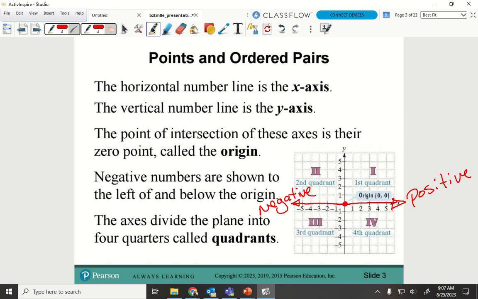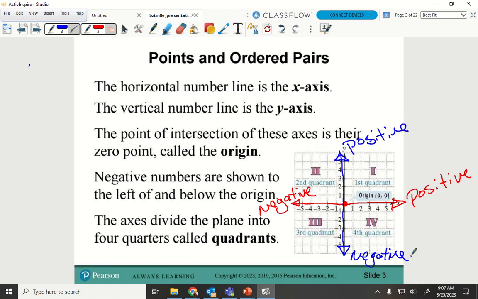Then when we get to the y-axis, up is going to be positive numbers and down is negative. So positives and negatives, that's important.